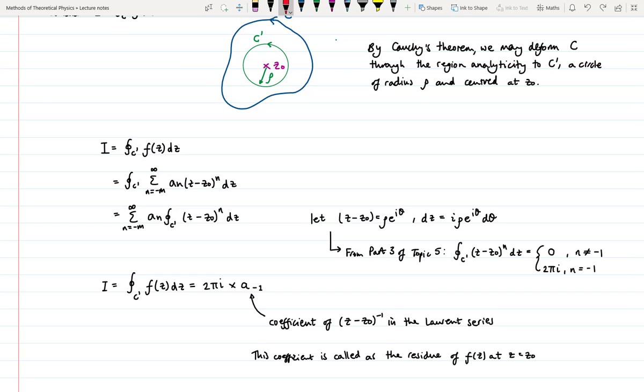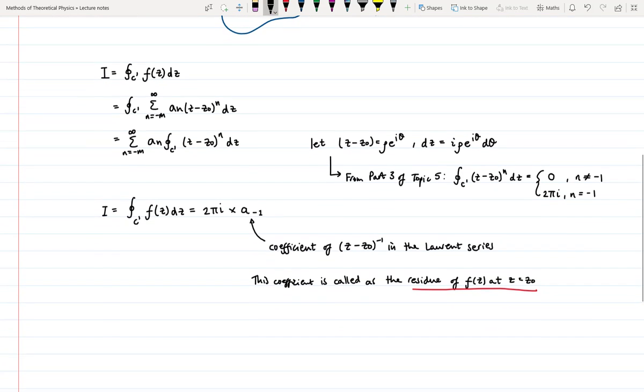So this is some very important terminology. We also sometimes write this, for some short notation, as res of the function f of z at the point z naught.